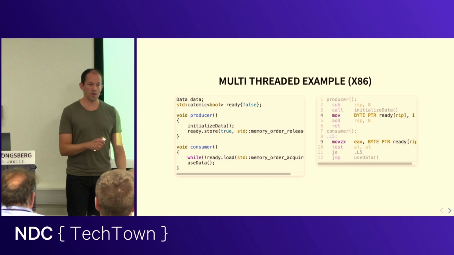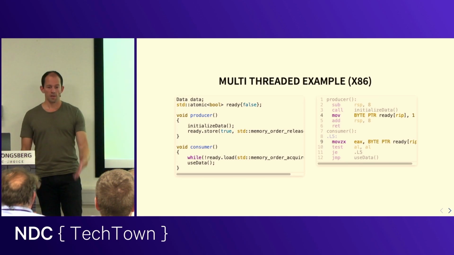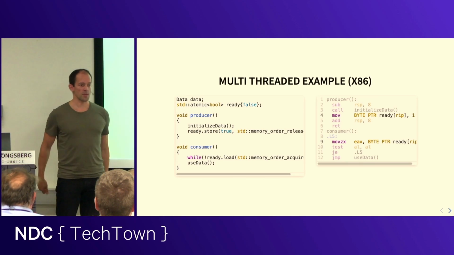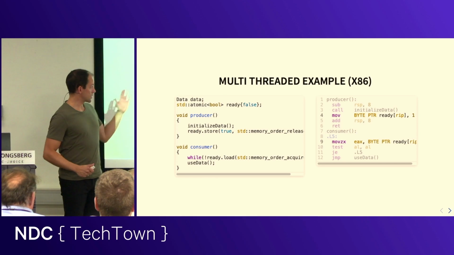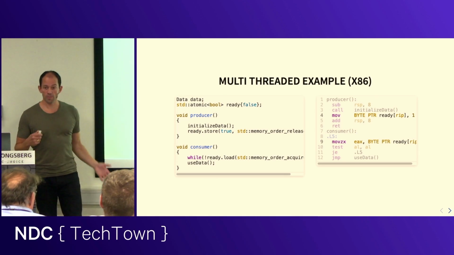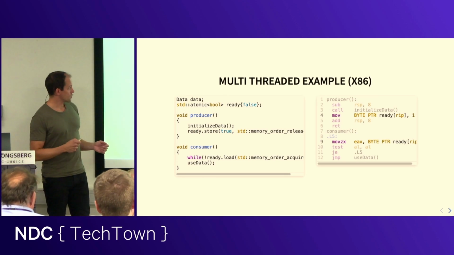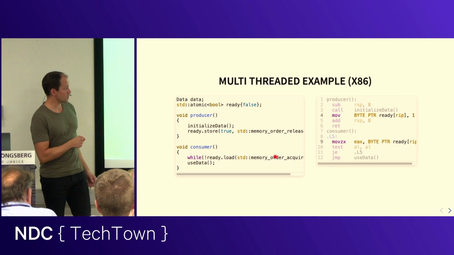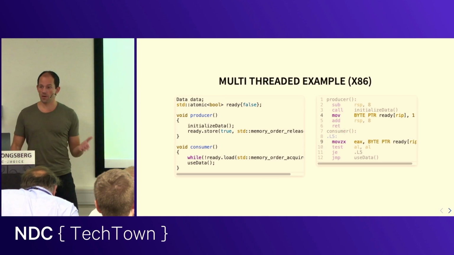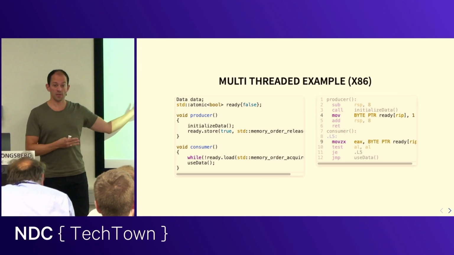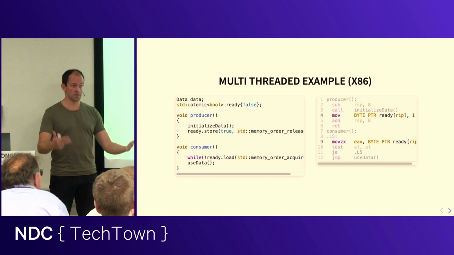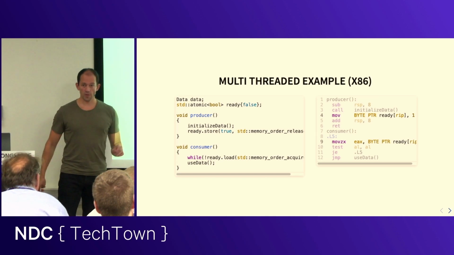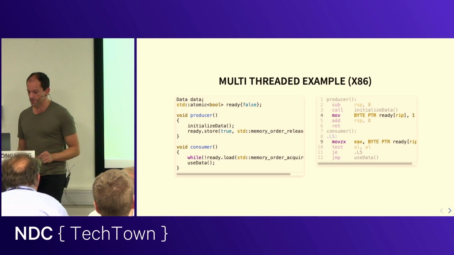And a couple of months later, you have an angry customer at some factory that isn't connected to the internet saying your machine breaks down every second week because it's actually UB. And when you compile it to a different platform, it doesn't work anymore. So if I use release and acquire and compile this to, for instance, RISC-V, I will see some fences in here, which is the compiler telling the CPU to be careful about these particular things. I care about the order.